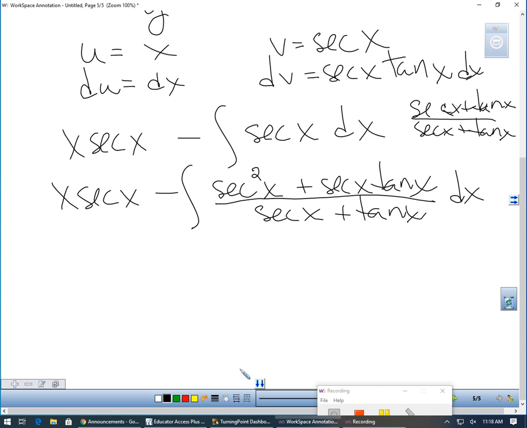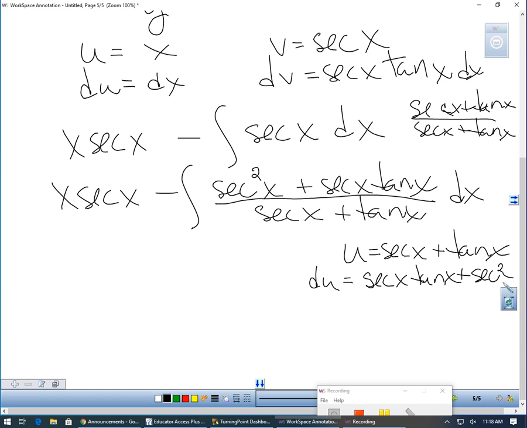So then we had to do a u substitution. What do we do a u substitution for? We usually use the denominator, right? This will be our u. So if u is secant x plus tangent x, our du, derivative of secant x, is secant x tangent x plus derivative of tangent x is secant squared x. So all of a sudden, if you look back here, this piece right here is our u.